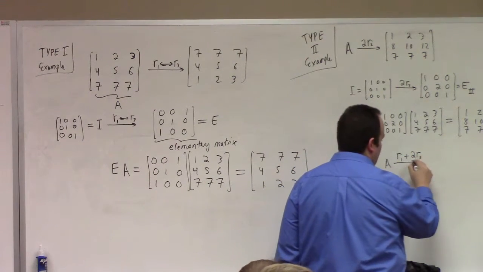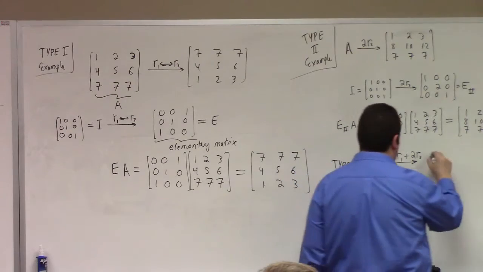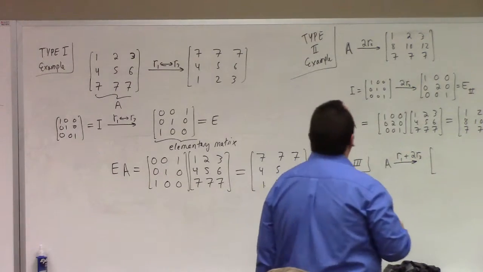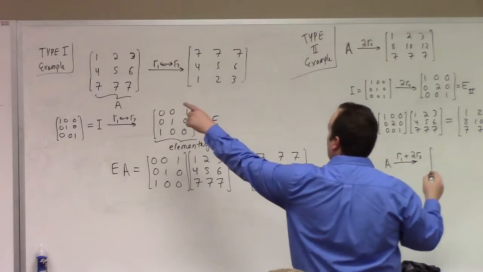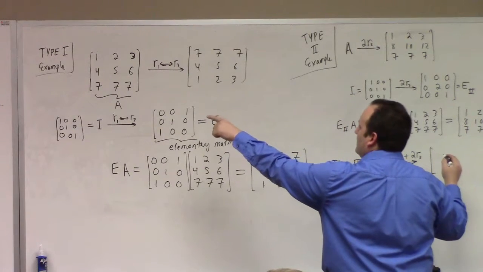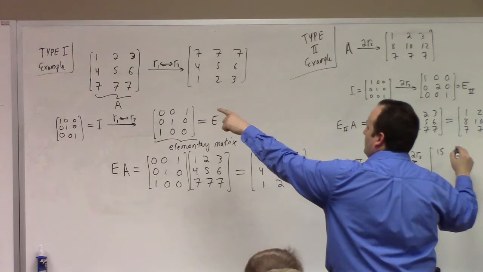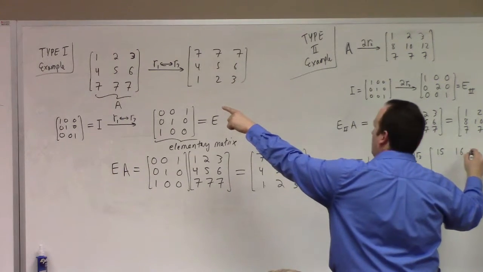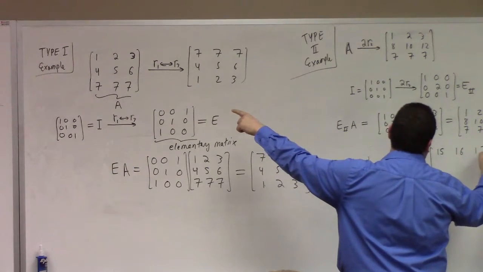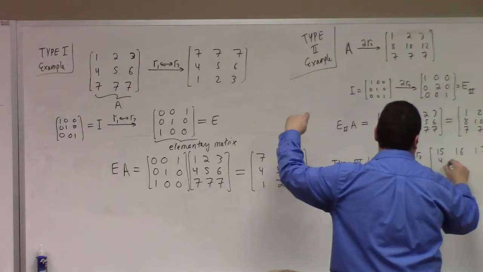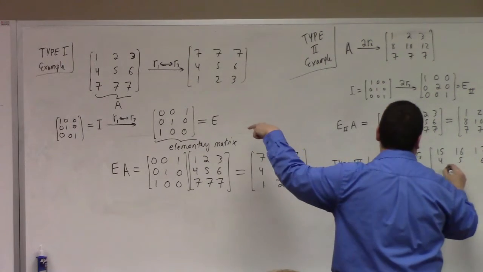We'll really get row 1 plus 2 row 3. 14 plus 1, 15. 14 plus 2, 16. 14 plus 3, 17. The other rows are unchanged, 4, 5, 6, 7, 7, 7.